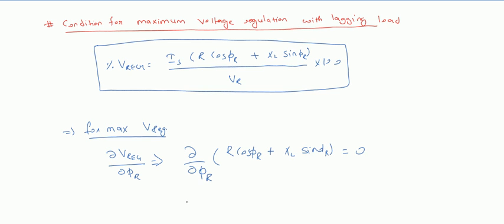Equating to 0, we will get r sin phi r plus xl cos phi r. Using this you will get tan phi r equals xl by r.